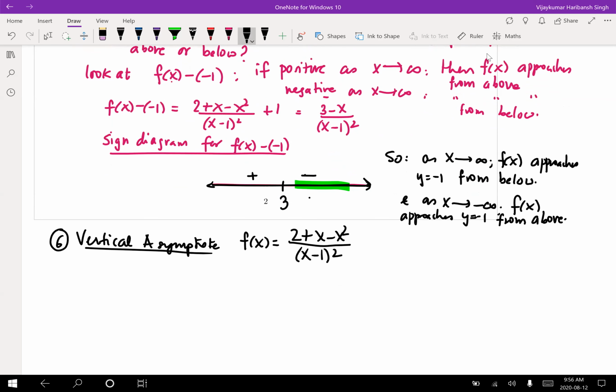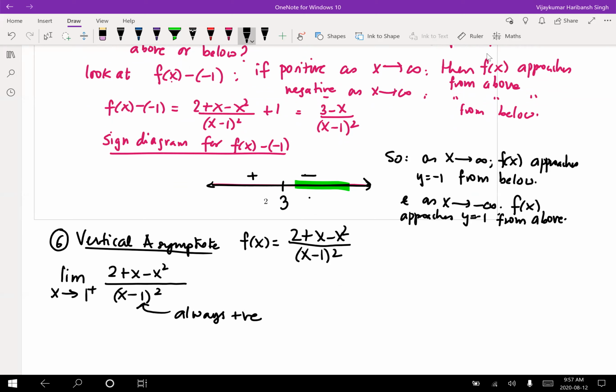So let's see. What is the limit as x goes to 1? So generally, we should go from 1 plus and 1 minus to see what we get. So 1 plus. So let's look at 1 plus, 2 plus x minus x squared upon x minus 1 square. Now the denominator is always positive, right?